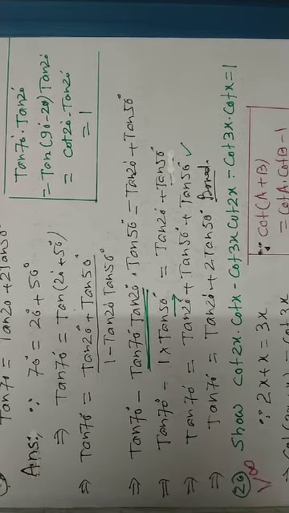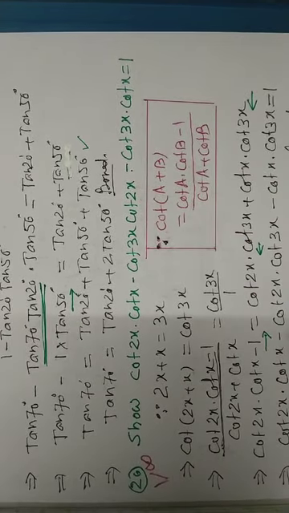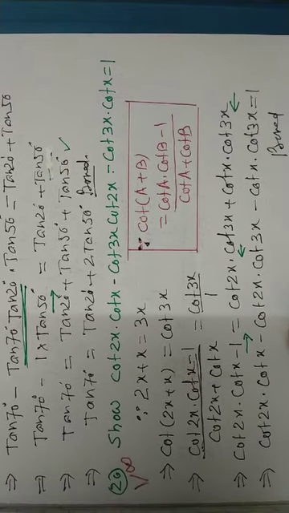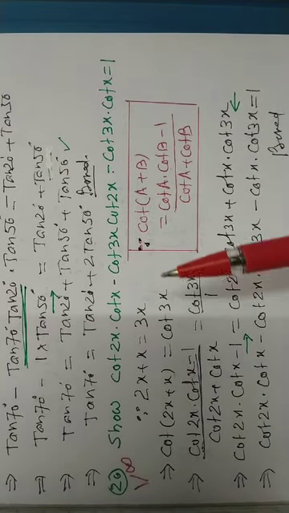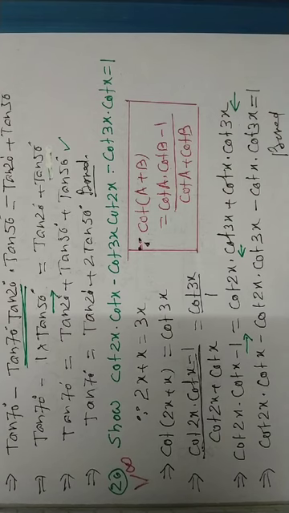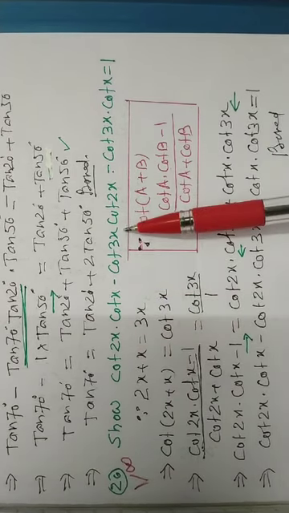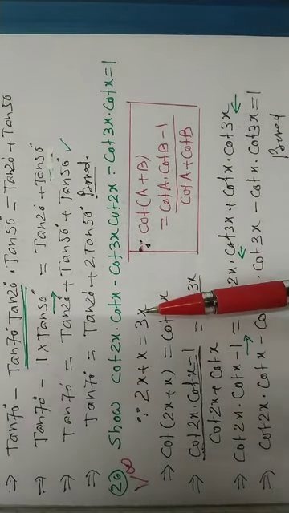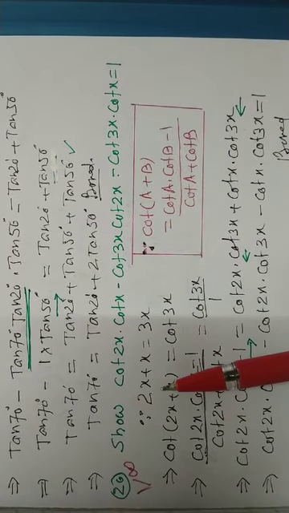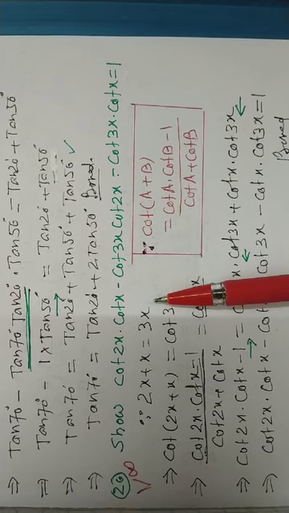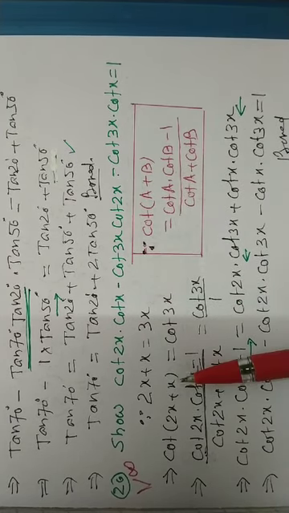This is the most important. Likewise, this is the most important problem: cot 2x cot x minus cot 3x cot 2x minus cot 3x cot x is equal to 1. Again we need 2x, x and 3x. So we know 2x plus x makes 3x. After that, cot is the requirement, so taking cot both sides.